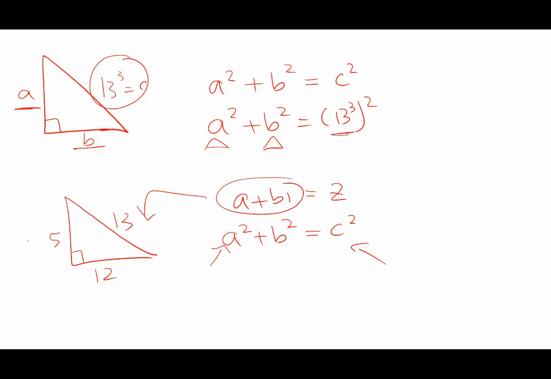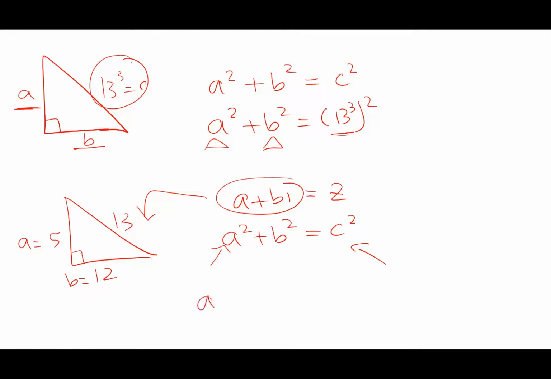Well, in this case, this could be our a and this could be our b. So our equation would be a, which is 5, plus b equals z, which is 13 in this case. Well, throughout the year, we've also noticed that we can rearrange those.